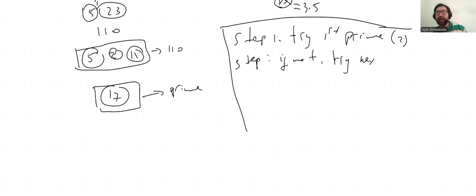We are only trying primes, so the next is 3, then 5, then 7, then 11. The next is not 9, because we are only trying primes. Then 17, and so on. So what is the last step? The last step is to repeat.